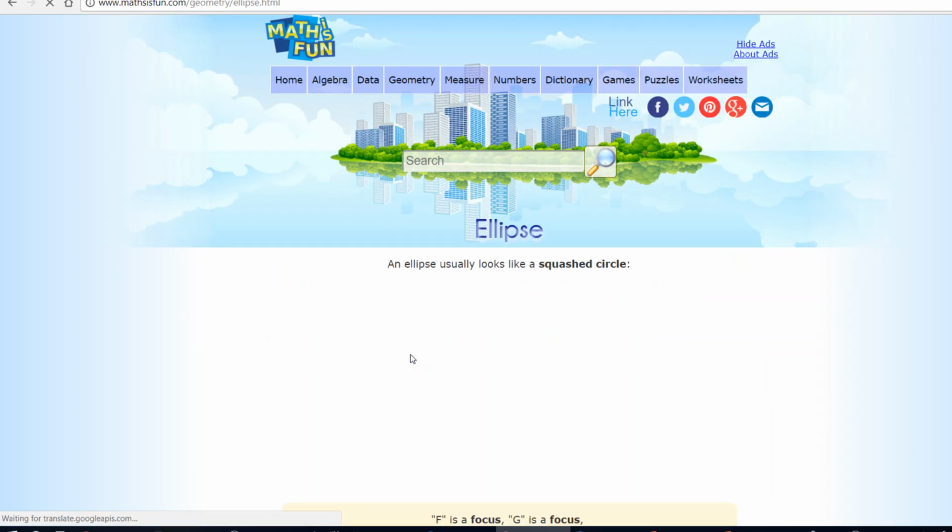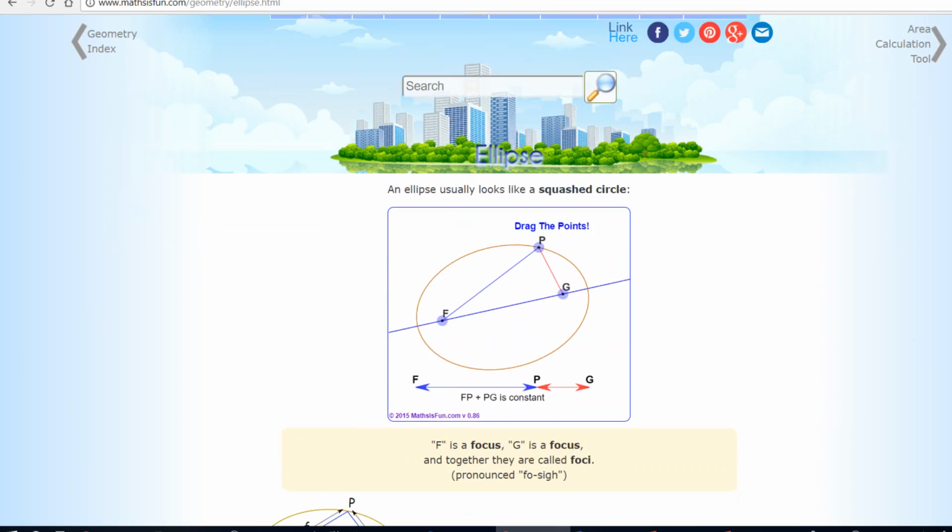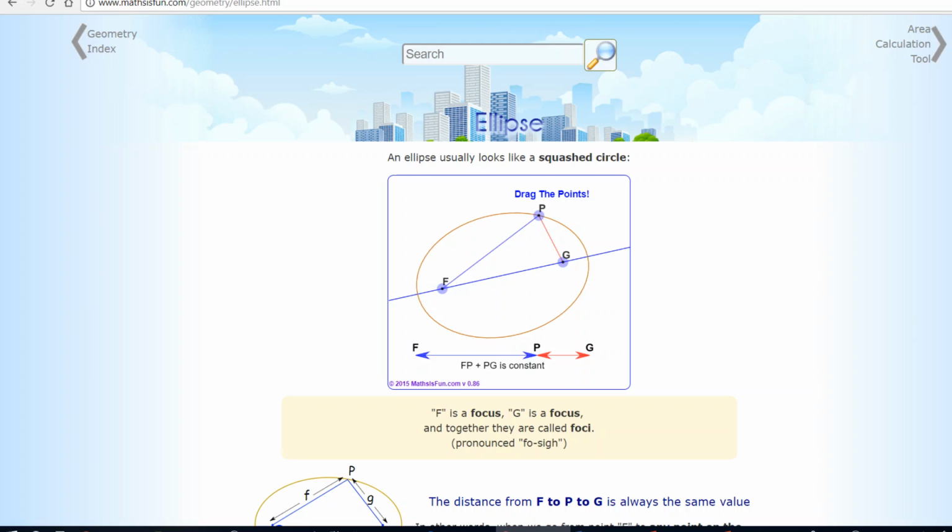An ellipse usually looks like a squashed circle. With an ellipse, we're not so much concerned about the center, but about these two points, F and G. F is a focus and G is a focus, and together they are called foci. That's the plural, foci. So F and G are the foci.